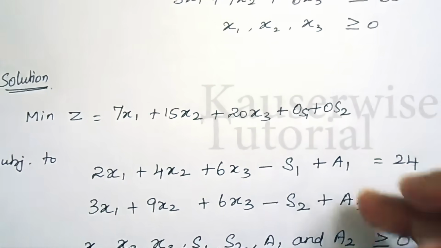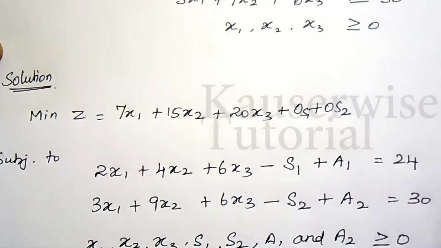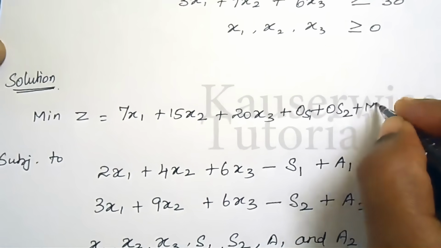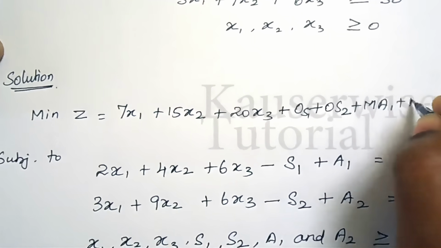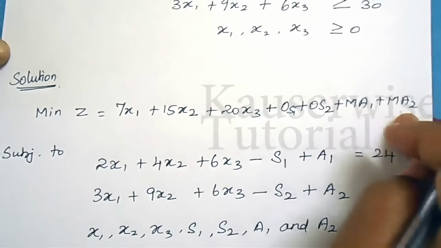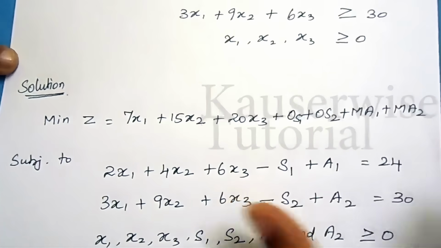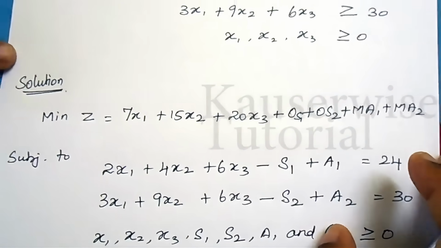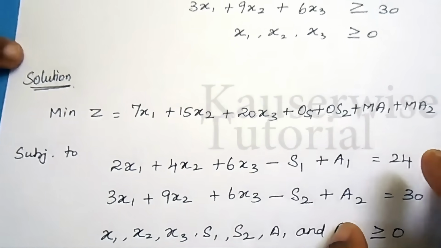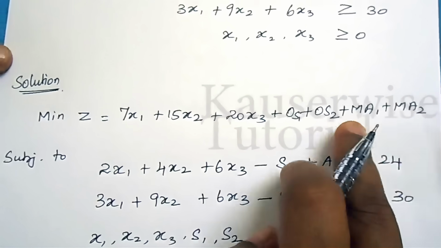For artificial variables we need to give a maximum positive value, that is M a1 plus M a2. M denotes a maximum positive value. These artificial variables are included in the model just to solve the model, and in the final solution, these artificial variables should not be available.